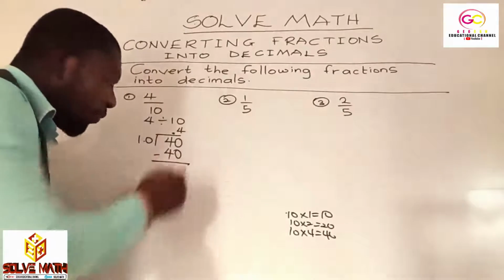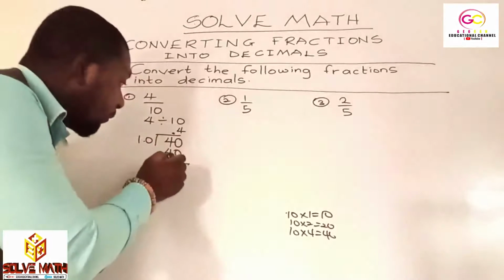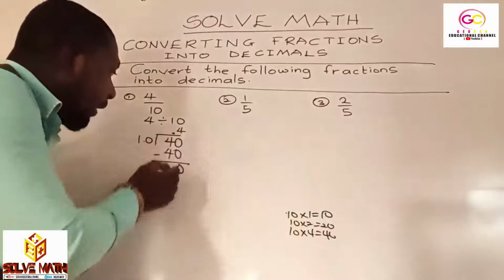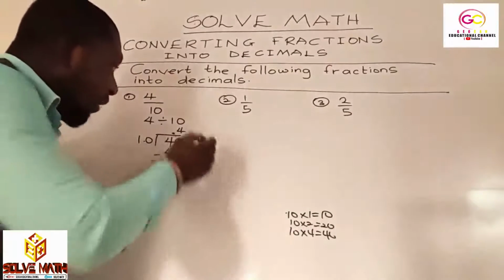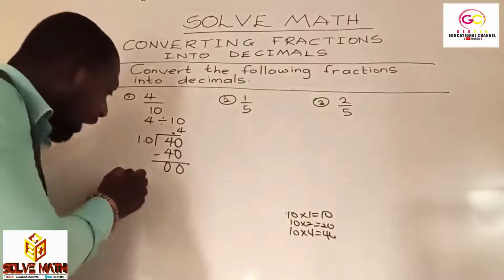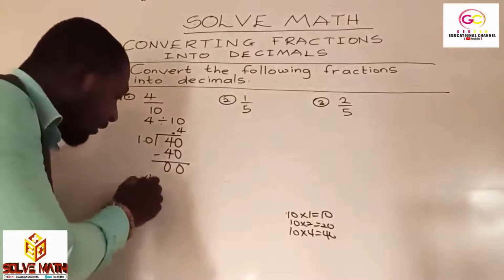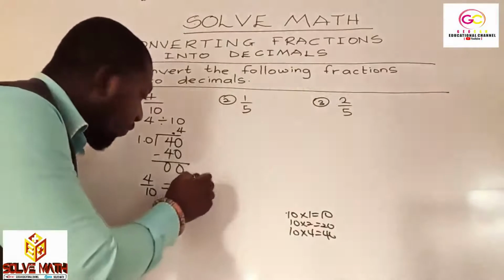You quickly do your subtraction, as we always do in long division. 0 minus 0 is 0. 4 minus 4 is 0. Do we have any more digits? No. So what it simply means is that 4/10 is equal to 0.4.